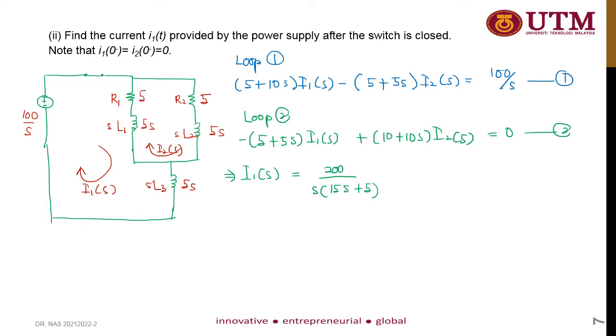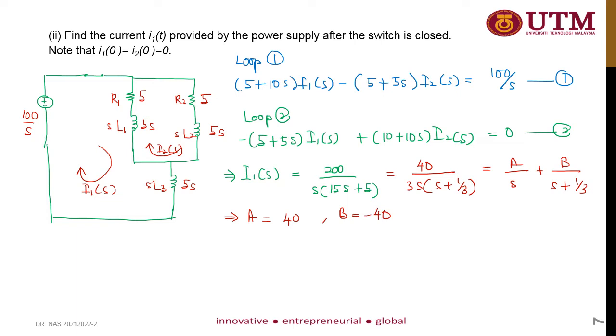As usual, you need to perform partial fraction expansion to get A and B. This is equivalent to 40 divided by 3s(s plus 1/3), which is equal to A over s plus B over s plus 1/3. From here you should get A equal to 40 and B equal to minus 40.